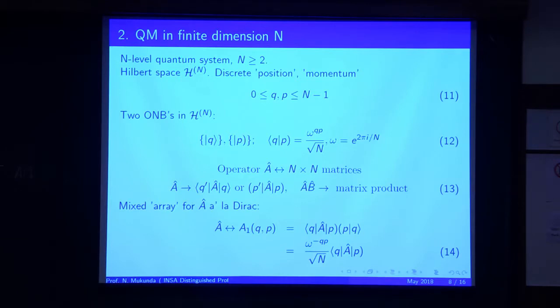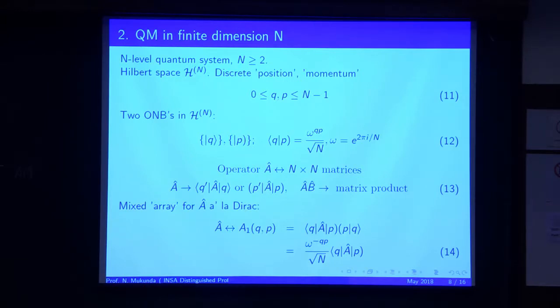So let us see what you do in the finite dimensional case. For an n-level quantum system, n greater than or equal to 2, we have a Hilbert space of dimension capital N, and we introduce in the pattern of the Cartesian case discrete position and momentum variables Q and P, which are integers from 0 up to n minus 1. And in all addition and multiplication, whenever relevant, it is always modulo n.